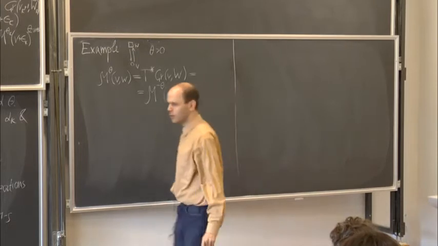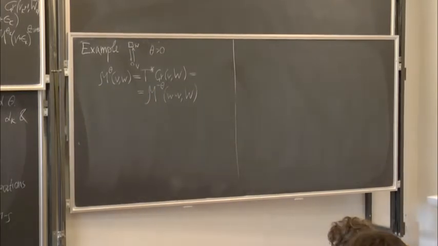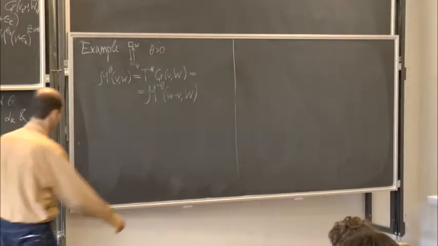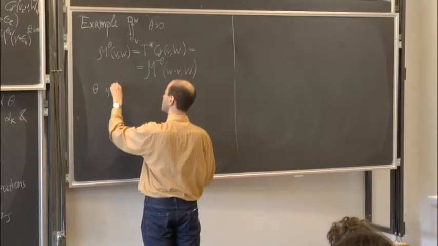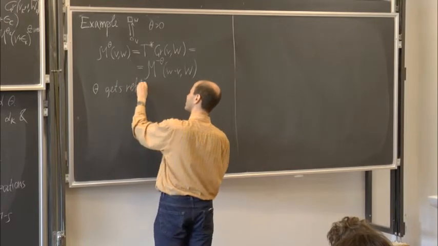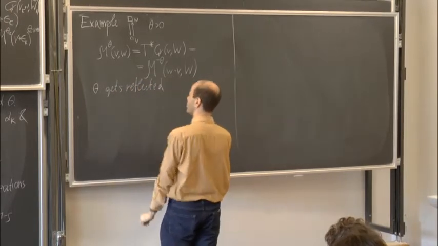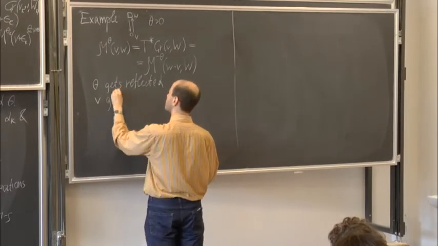And that's an example of a Weyl group action by isomorphisms. So here theta gets reflected, and V gets reflected.